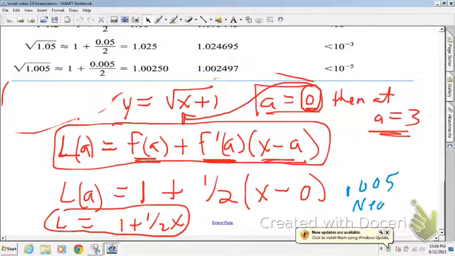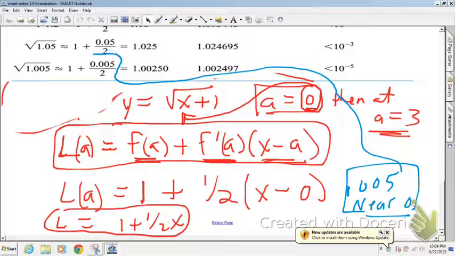You pick something near 0, 0.005. Well, if you store that into L of x, you're going to get 0.005 divided by 2 plus 1, which is 1.00250.